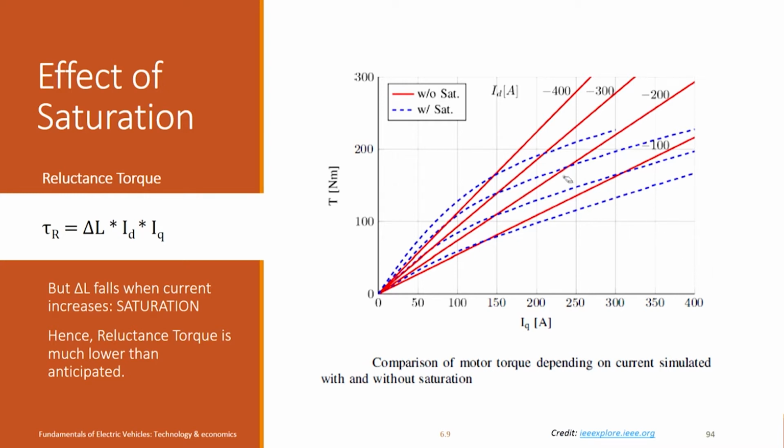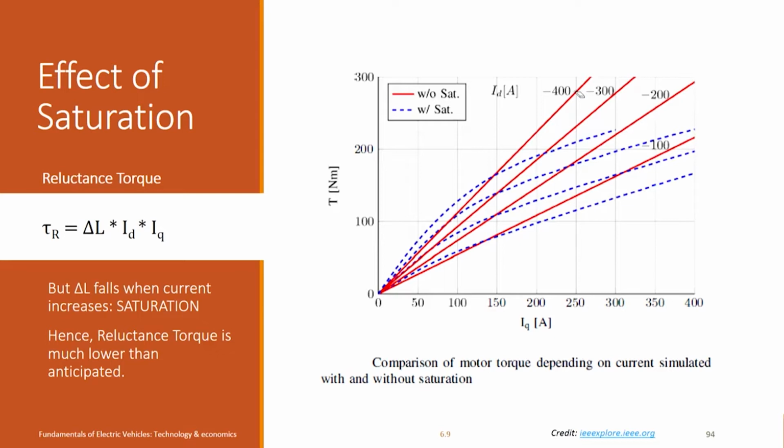For example, let us say we take 200 amperes of IQ, and the ID value is minus 400, let us assume. ID will be large when we are doing field weakening, and that is when we are going at a high speed also.